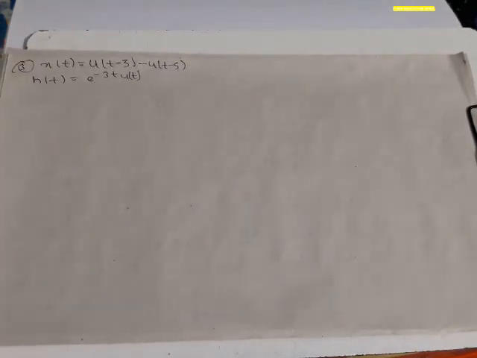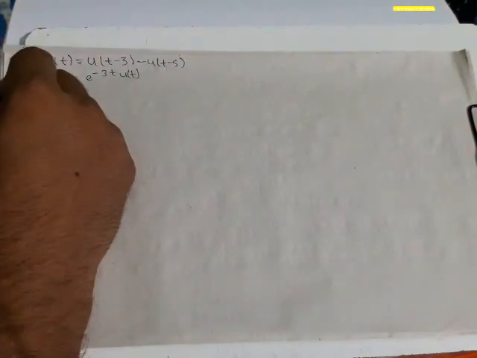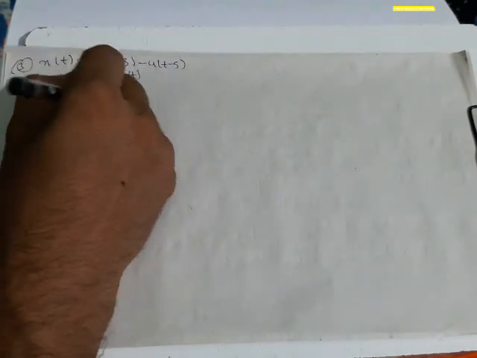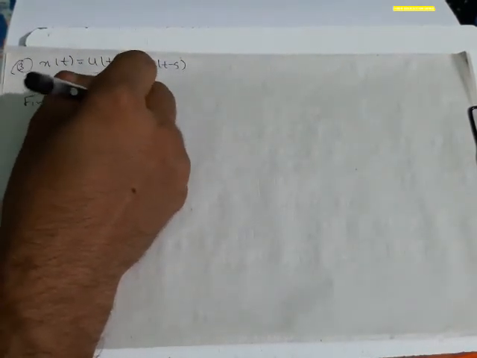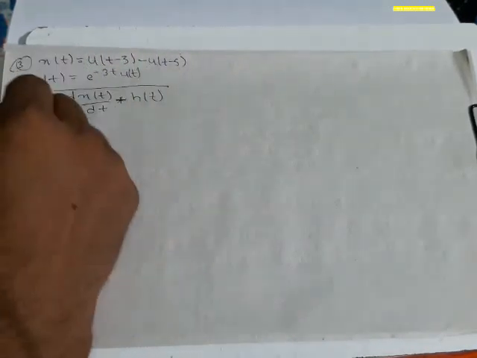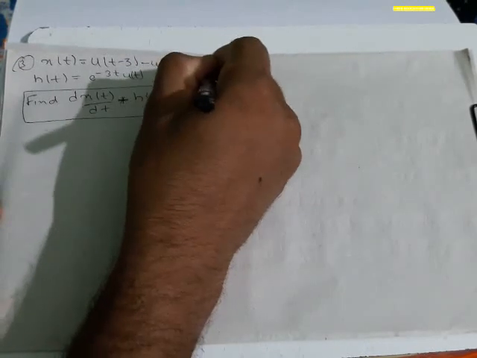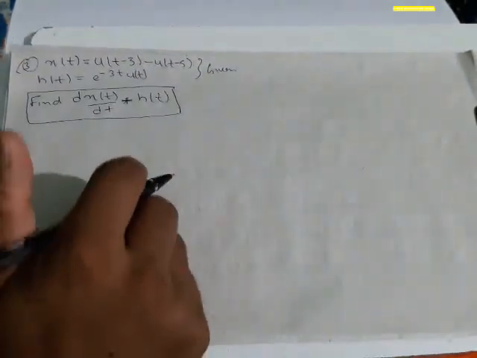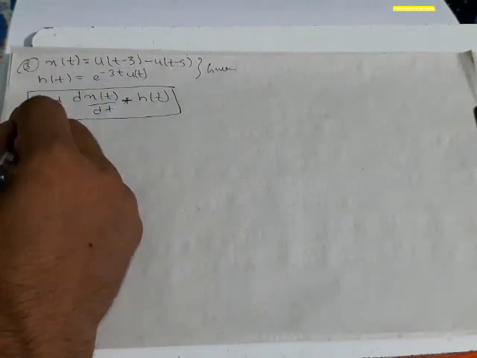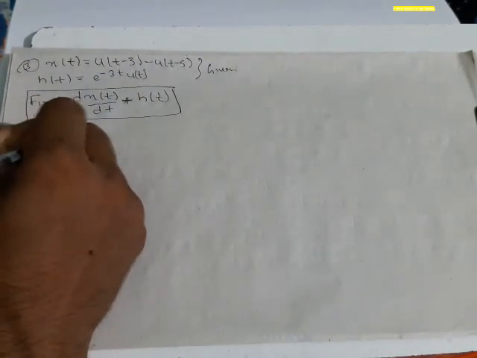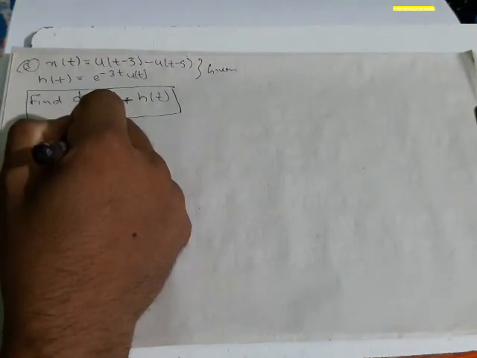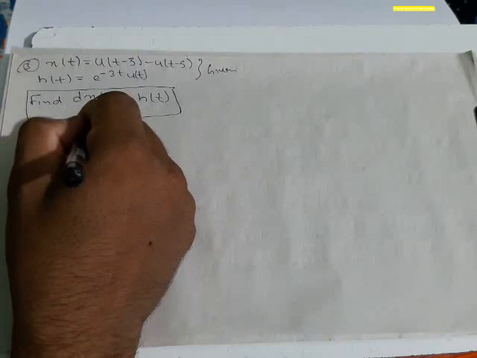This differentiation means d of u of t by dt is nothing but the impulse function. Is that okay? Now we can easily find the convolution: delta of t minus 3 minus delta of t minus 5 convolution with exponential minus 3t into u of t.